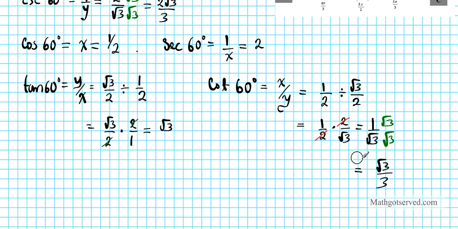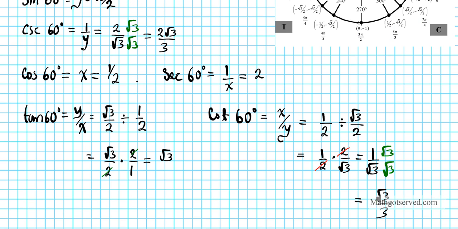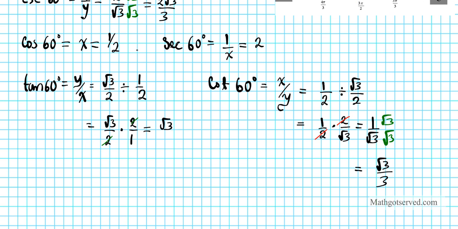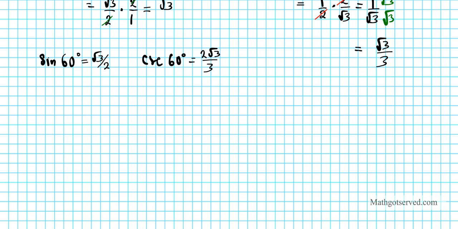Let's organize all our results in one nice fashion so that it's easy to see. Sine 60 degrees was root 3 over 2. Cosecant 60 degrees was 2 root 3 over 3. Cosine 60 degrees was 1/2.